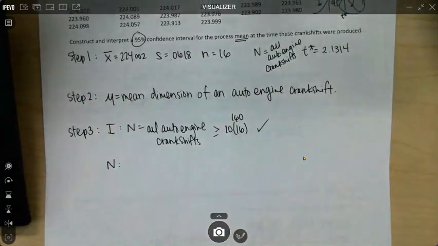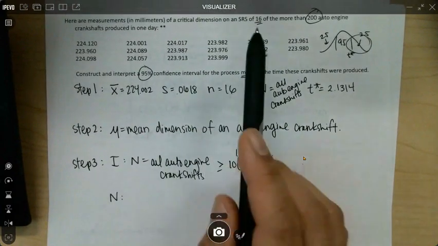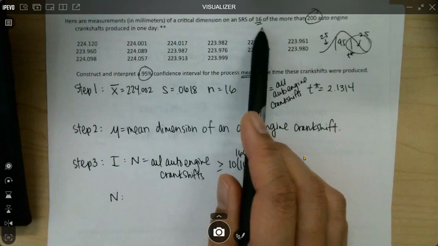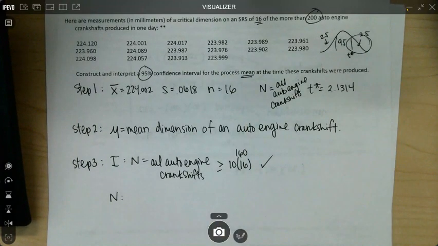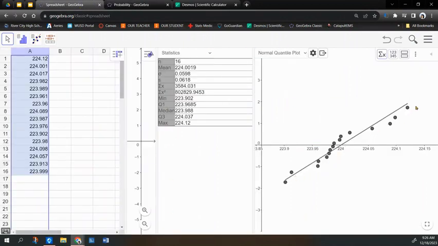For the normal condition, since this is means, our sample size needs to be greater than or equal to 30, which it's not. If it's not, we can check our normal quantile plot. So if we go back to the data here, and we choose this normal quantile plot, remember what we're looking for is to be roughly linear.